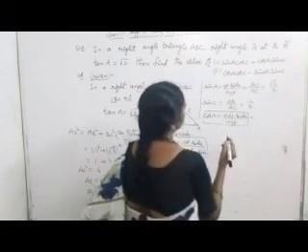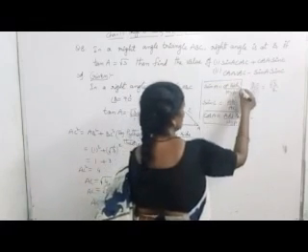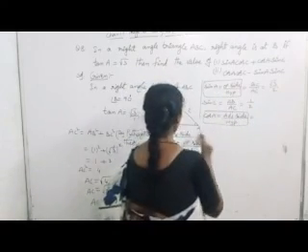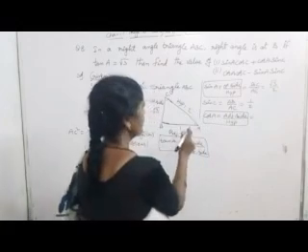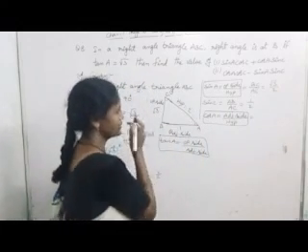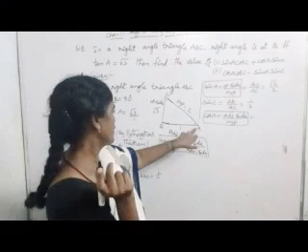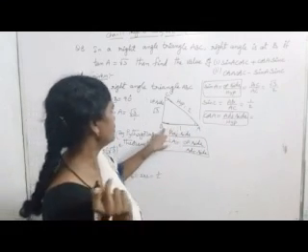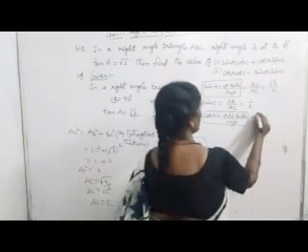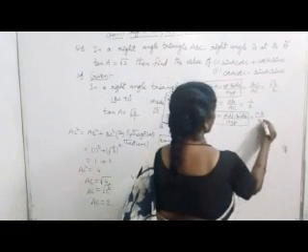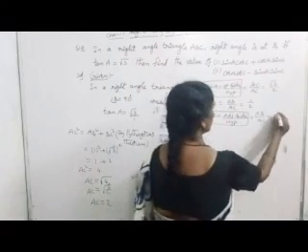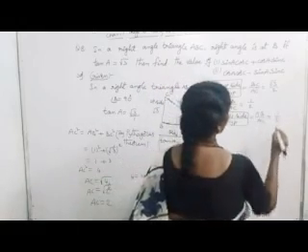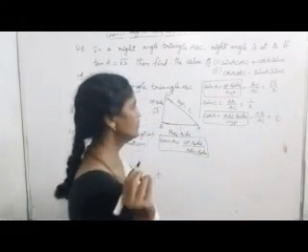That is the formula, so adjacent side AB by AC. That is equal to AB value 1 by AC value 2. Okay, 1 by 2. Cos A value is 1 by 2.